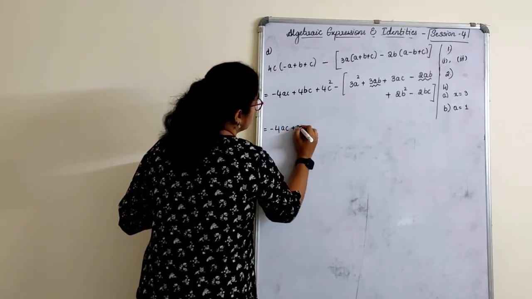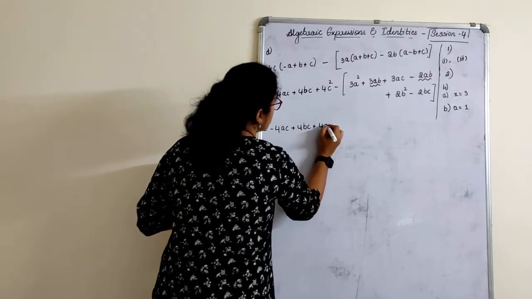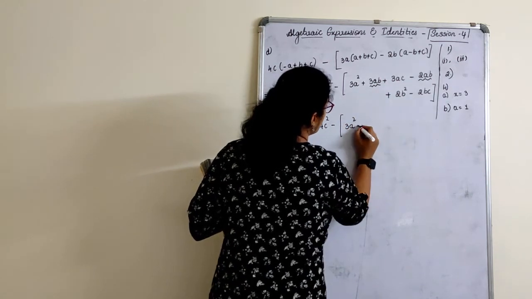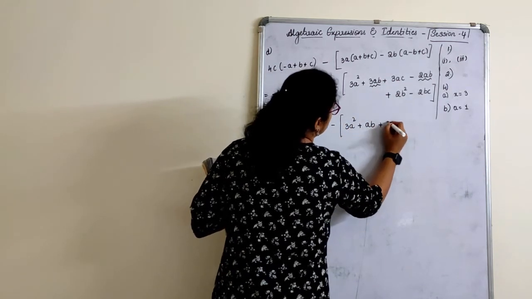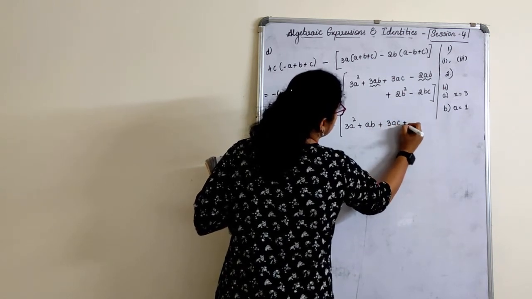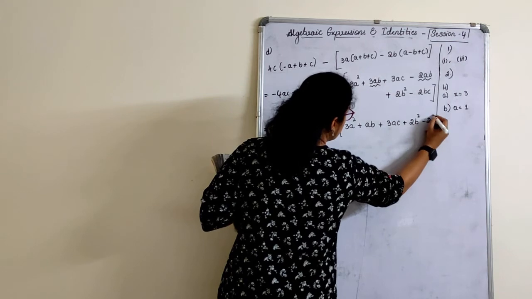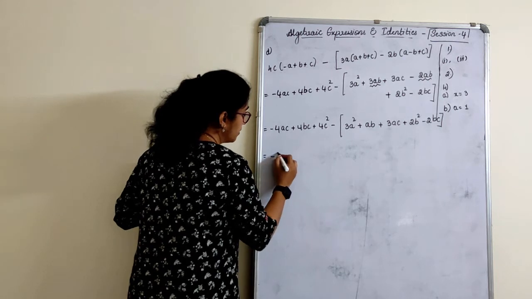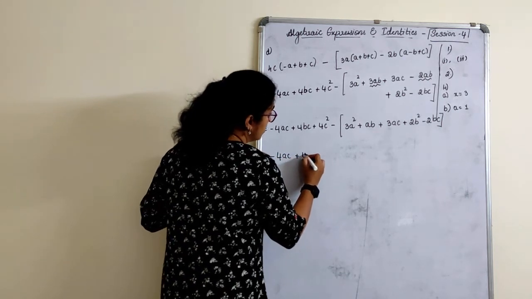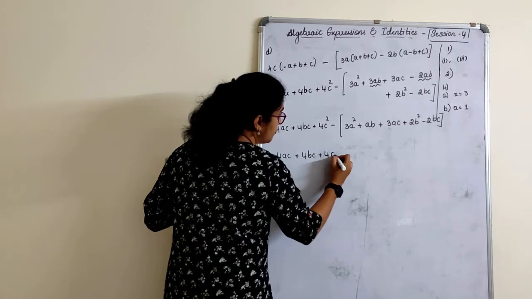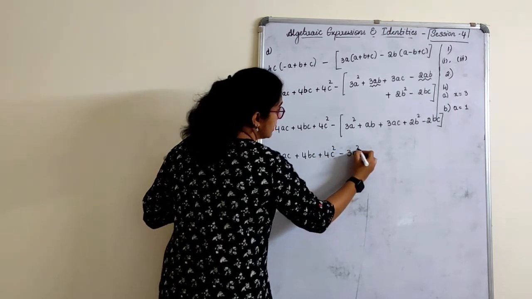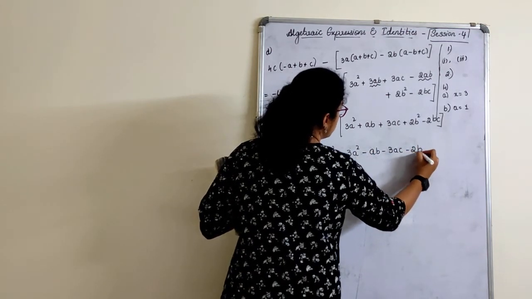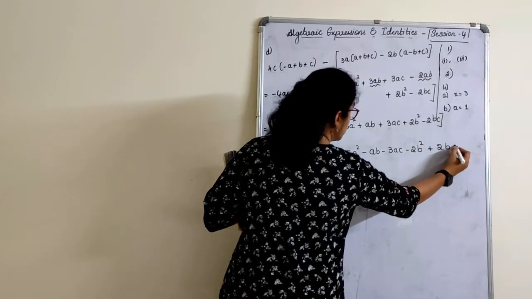Minus 4AC plus 4BC plus 4C square minus 3A square, 3 minus 2 plus AB plus 3AC plus 2B square minus 2BC. Okay. Now open the bracket with minus sign. Minus 4AC plus 4BC plus 4C square minus 3A square minus AB minus 3AC minus 2B square plus 2BC.